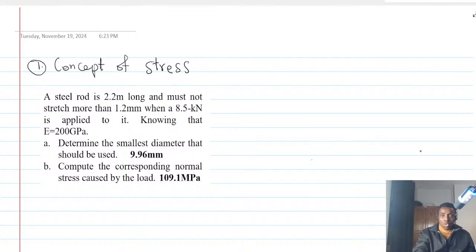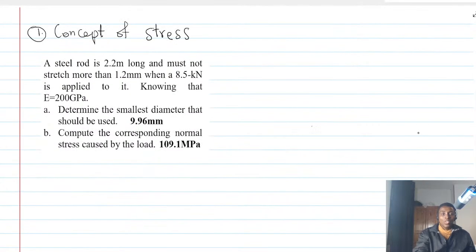So now let's begin. First of all, let's read the question together. A steel rod which is 2.2 meters long must not stretch more than 1.2 millimeters when 8.5 kilonewton is applied to it, knowing that the Young's modulus, E, is 200 gigapascal.